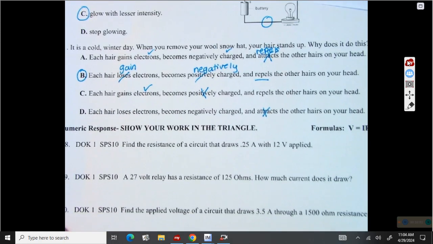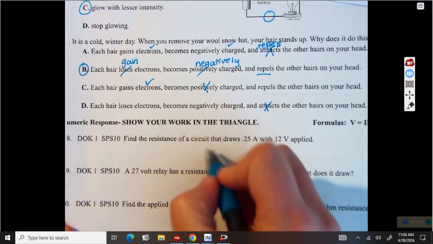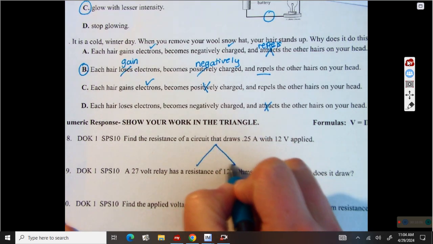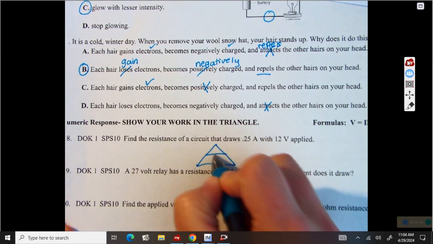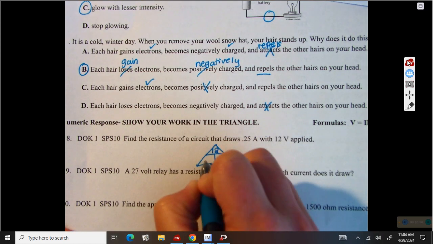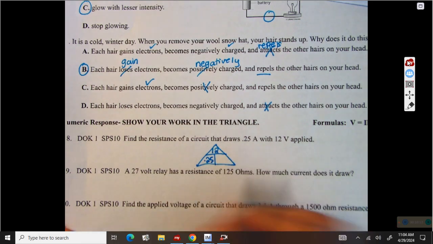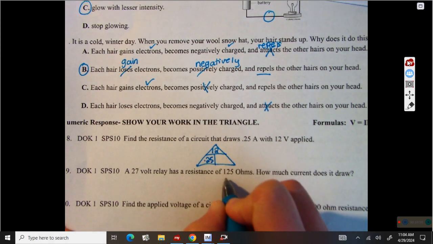All right, find the resistance in a circuit that draws 0.25 amps with 12 volts. In our triangle, we know that voltage goes on top, 12 divided by 0.25. Do that math in your head or in your calculator and get your resistance.